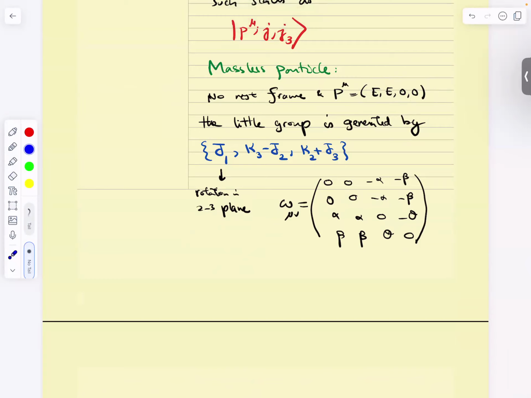Think about boost. How does the boost act on X plus? The boost is X del T plus T del X. If I write it in terms of X plus and X minus, it becomes X plus del plus, minus X minus del minus.